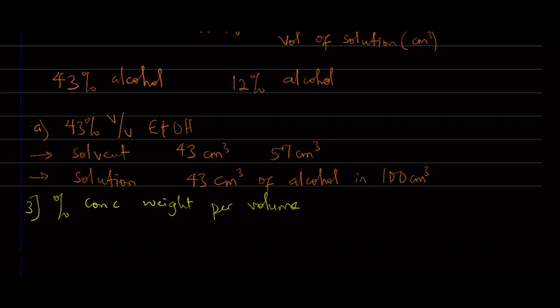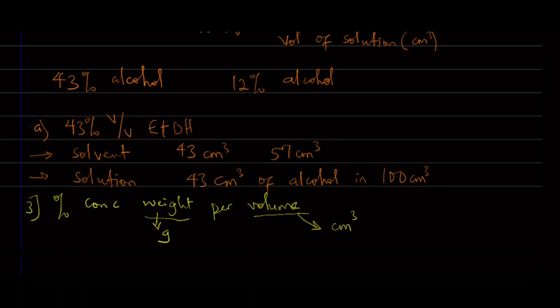As we have said, the first one is meant for the solute, while the second one is meant for the solvent. Since the solute is expressed in weight, we are dealing with the weight of the solute, which means we are going to express it in grams. And for the solvent, we are dealing with volume, so it's going to be expressed in centimeter cube.